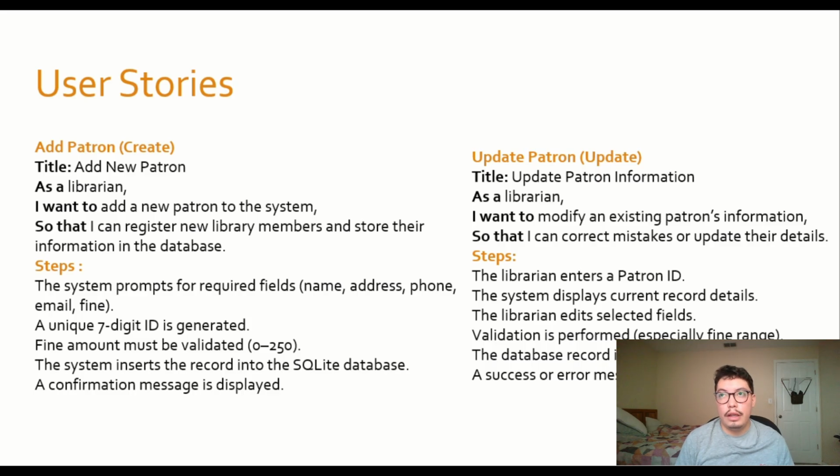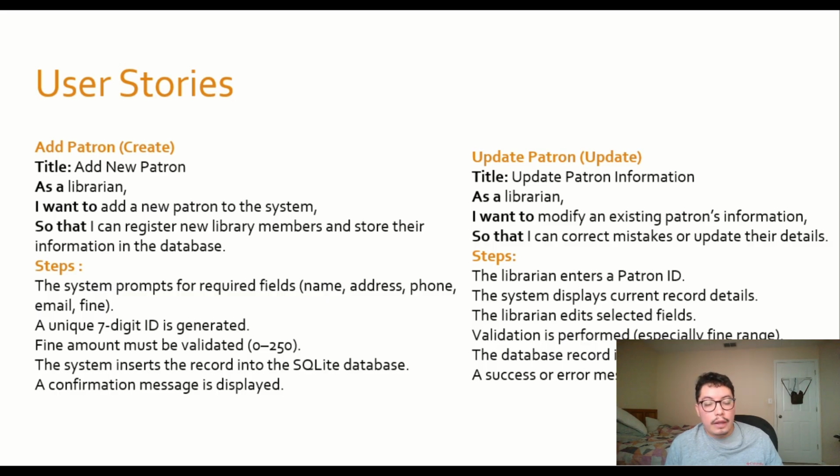For update, the librarian wants to update a certain user. The librarian should select or enter the patron ID. The system should record the details and validate. If the ID is not valid, it should give us a pop-up saying that the ID is not valid.